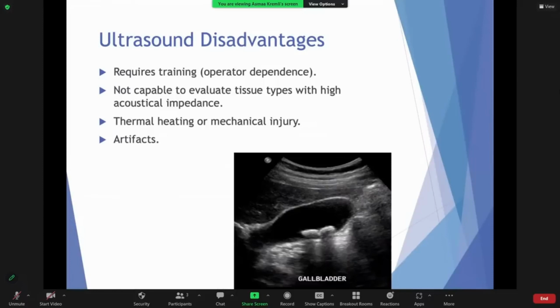And there is an artifact called posterior acoustic shadowing that we can see behind, or posterior to, the stone. It is here. There is shadowing. So this indicates that this is a gallstone, not, for example, a polyp.